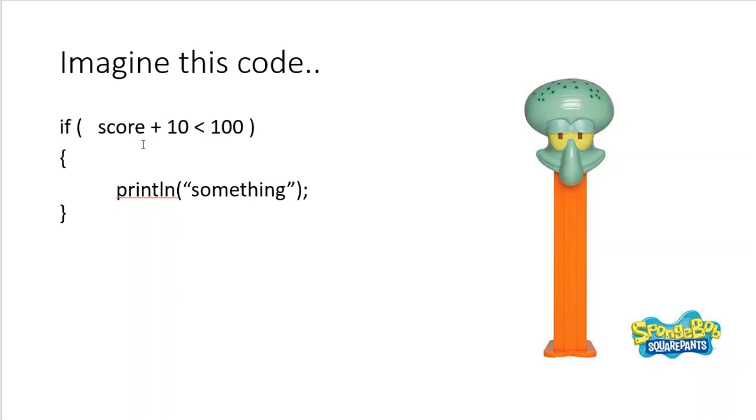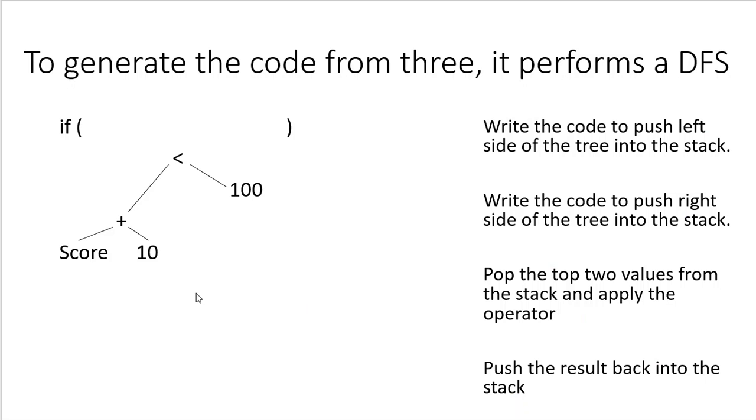Let's take a look at what this expression, the score plus 10 less than 100, is going to look like as a tree. It's going to look something like this, where the operators are the interior nodes and any value is a leaf node on the tree. And what we can do is evaluate this recursively.